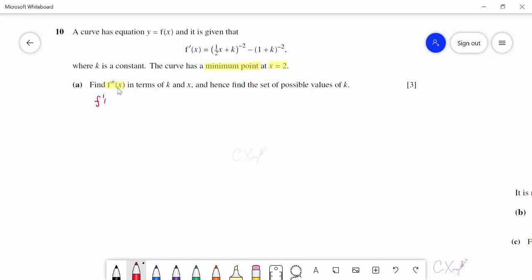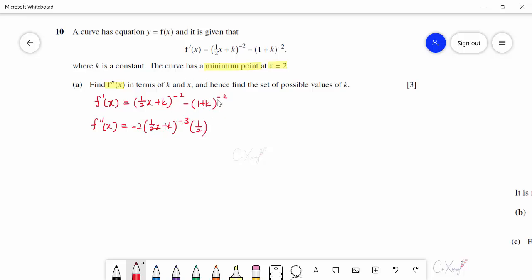So f prime x is already this one: 1 over (2x plus k) power negative 2, minus (1 plus k) power negative 2. When I do the differentiation, for the bracket with x, I pull the power in front, copy the bracket, power minus 1. After that, I need to differentiate the thing inside the bracket and multiply it. So it will be equal to half. For the second term, 1 plus k is actually a number, just like 3 or 4 or whatsoever.